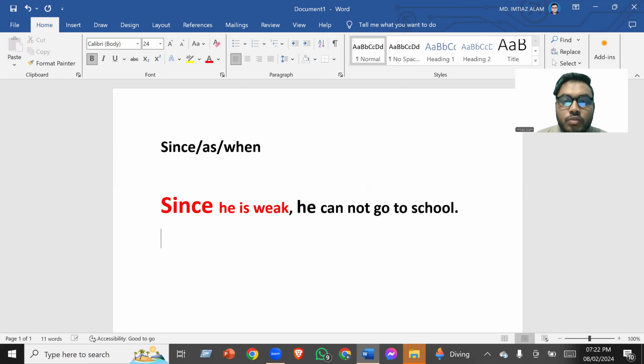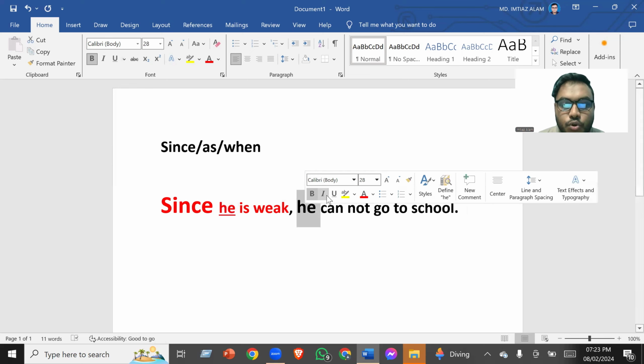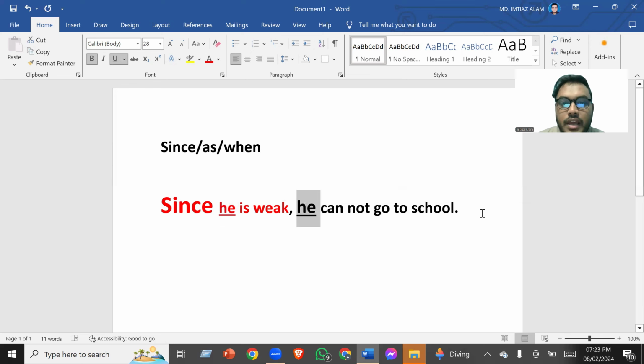First of all, when we see the sentence starts with since, as, when, and when we see both the subjects are the same, and if the sentence indicates a reason, we are seeing since he is weak, he cannot go to school.